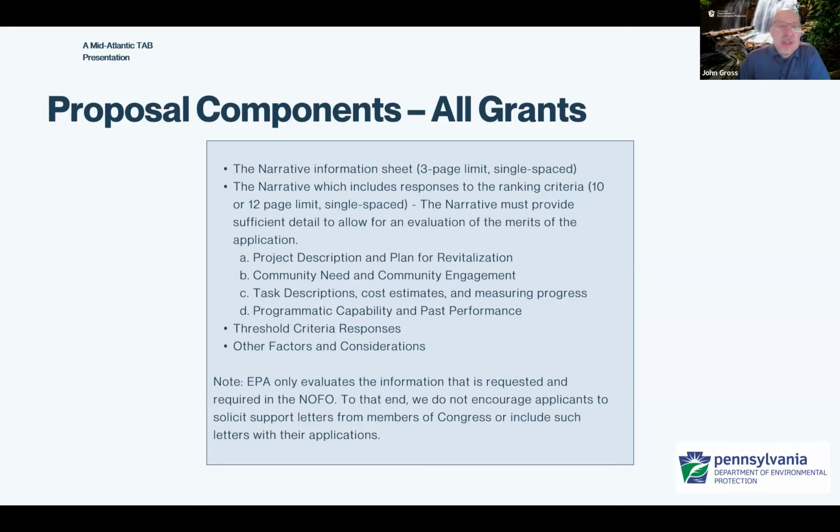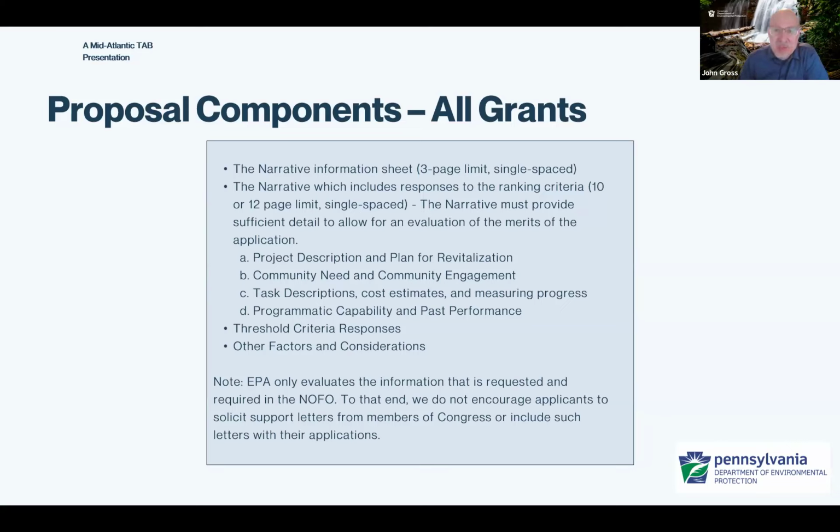The narrative information is a 3-page limit, single spaced, and you have to answer each one of those individual questions. You can't really fake it through this. You have to know what your narrative is. And they basically only score what they're asking for.